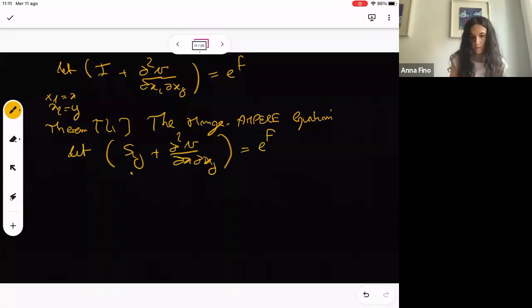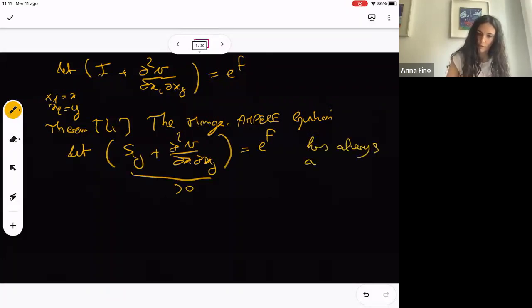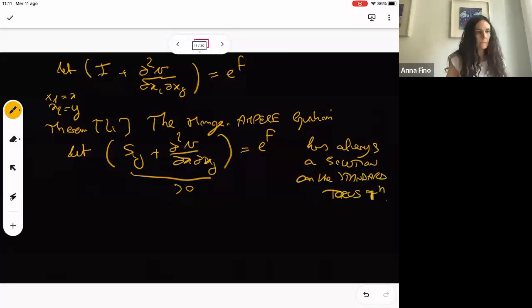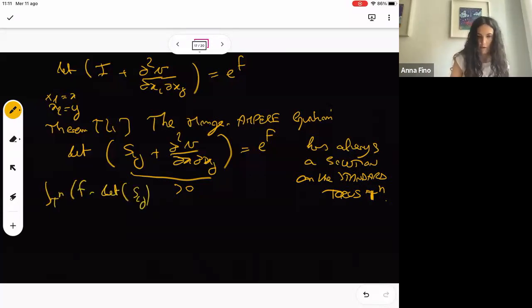Of course, here we have a condition that this is positive, and you take the standard torus Tn, and that's always a solution, always a solution on the standard torus Tn. And you have this extra condition that the integral over Tn of f minus the determinant is 0.